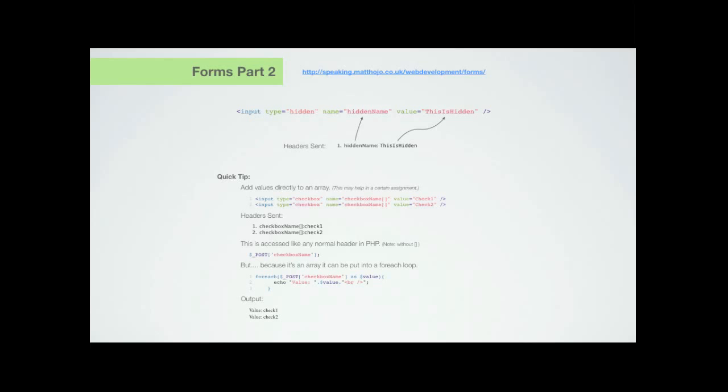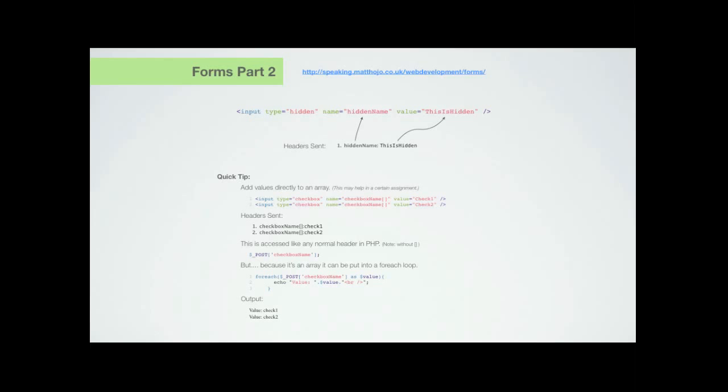So when the headers are sent, it's not sent necessarily looking like an array. It's just literally two square brackets at the end, and it looks like you've sent two normal headers. In the PHP, you access it like a normal header, but without the square brackets. So from this, you can't actually tell whether it's an array or just a normal header. But you can put it in a for each loop.